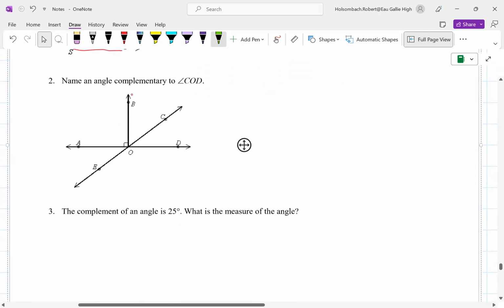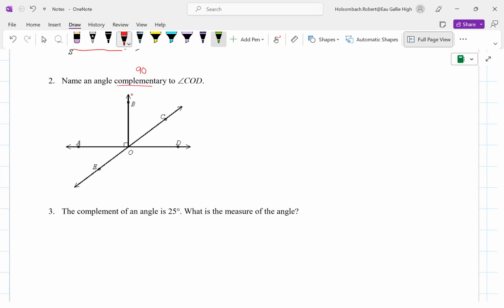Problem number 2, name an angle complementary to COD. Complementary means sums 90 degrees. So I'm going to identify COD first. And COD is right here. So I need something that I can add to COD to form a 90-degree angle.